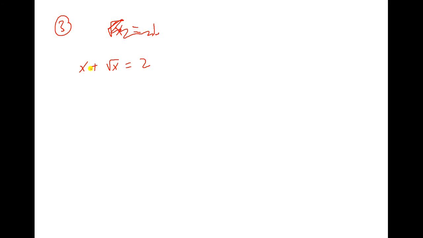Now that means we need to isolate the radical, so I move x to the right hand side. I subtract x here, so I have the radical by itself on the left hand side, equals 2 minus x. Now I'm able to square that, because if I square that, I get x since the radical is gone.